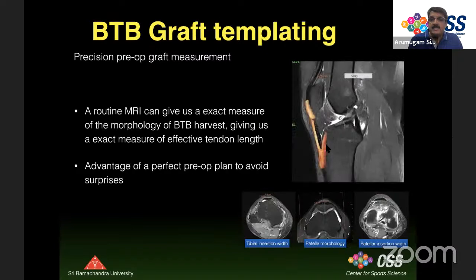You can visualize it and see how deep you have to go down, because the insertion of the tendon is not here, for the younger colleagues. The insertion of the patella tendon is way here. So if you don't harvest this part of the tibia, when the patella tendon is longer, then we end up with graft tunnel length mismatch.